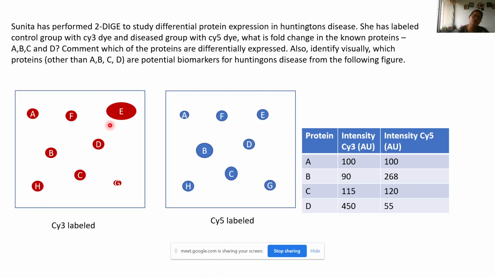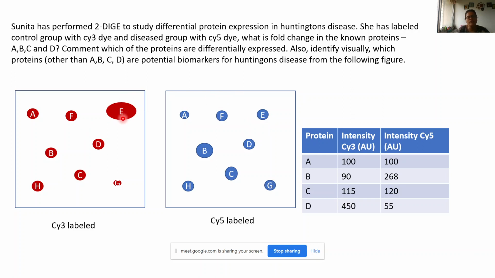Suppose a particular protein is highly expressed in healthy samples, and its expression is decreased in a disease condition, like in case of E. Here you can see that this protein is highly expressed, and here it has decreased.